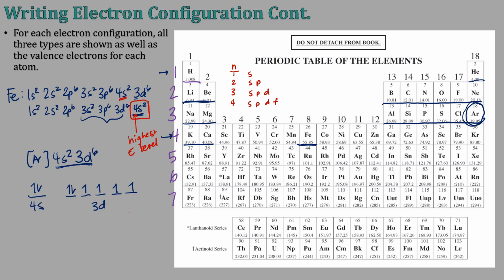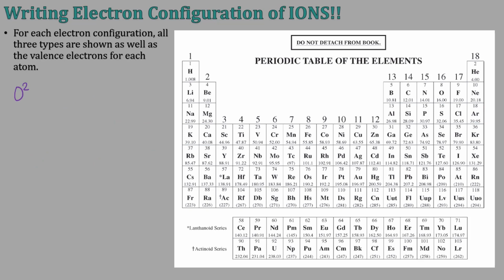All right, so now let's look at what happens when they become ions. So let's do oxide, and let's also do magnesium, and then let's look at iron 2 and iron 3. Oxide means that since it has 2 negatives, it has gained 2 electrons.